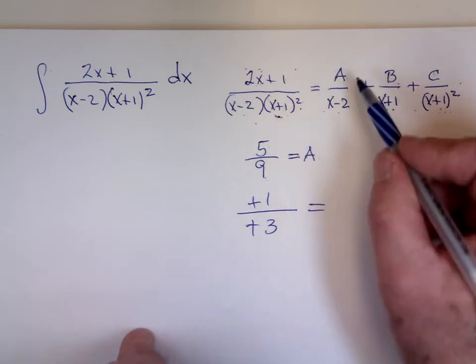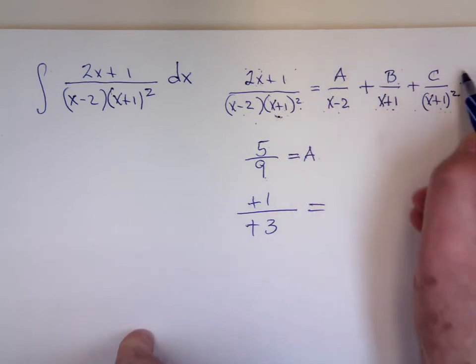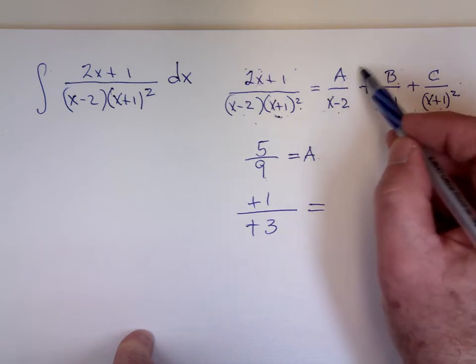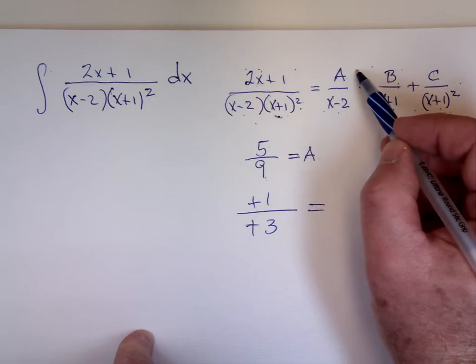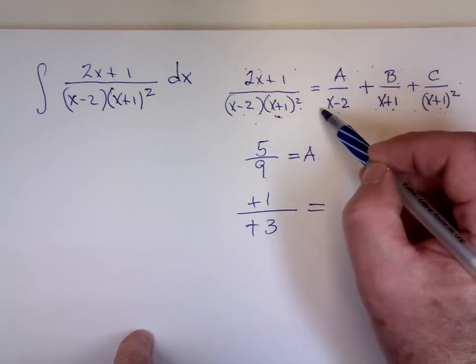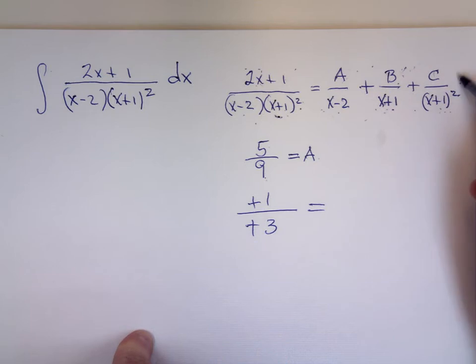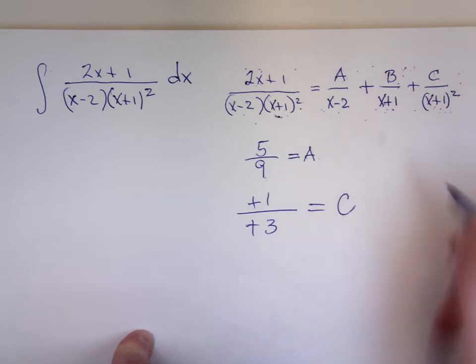Everything gets multiplied by x plus 1 squared, and then I'm going to let x equal -1. What happens here? x plus 1 squared, let x equal -1, you get a 0. This is gone. When I multiply this one by x plus 1 squared, one of the x plus 1s cancels, but the other one stays there, and I'm letting x equal -1, so I'm going to get a 0 there. Gone. When I multiply this by x plus 1 squared, both of those cancel. I get C. I have A and I have C.